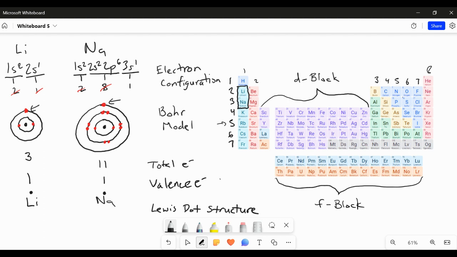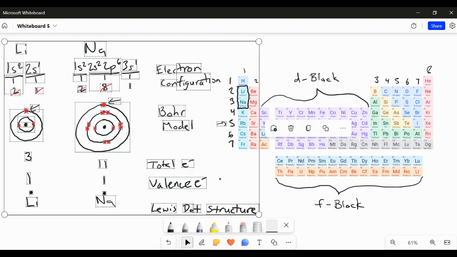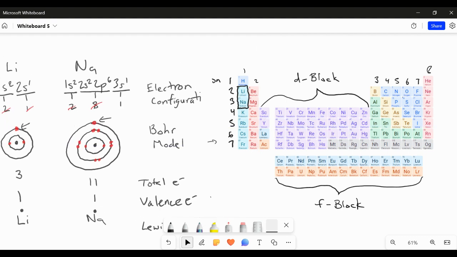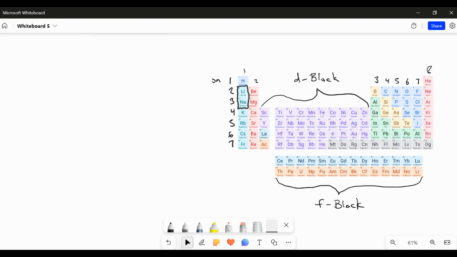Now, when you're drawing these Lewis dot structures, you have to put the dots in a very specific order. Okay? So let me do one that's a little bit more complicated. Okay? Let me clear off some of this. There we go.